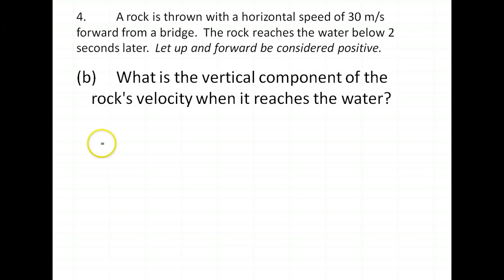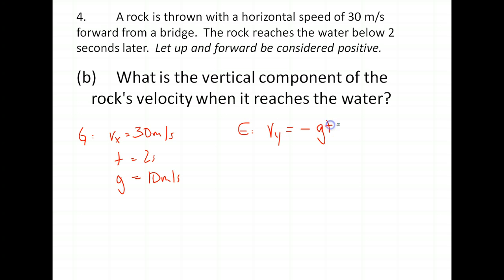So let's go ahead and list out our givens on this particular one. We have our horizontal velocity is the 30 meters per second. Our time is 2 seconds. And our gravity is 10 meters per second squared. So to find our vertical component, that was the equation that we gave you guys the other day. Our vertical component is negative g t.